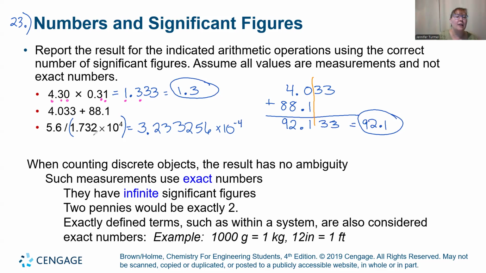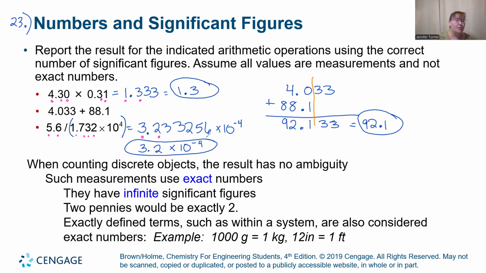And we can see that this one has 1, 2, 3, 4, but this one only has 1, 2, which means that this is how far we can go. And now, okay, I did not plan that, but all of these round down because we are less than 5. So we have 3.2 times 10 to the negative 4th for our final answer on that one.